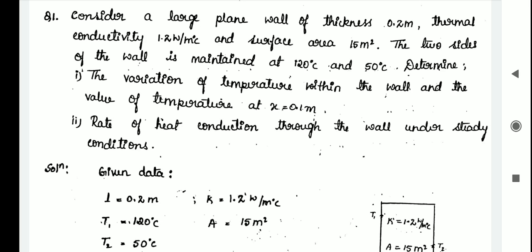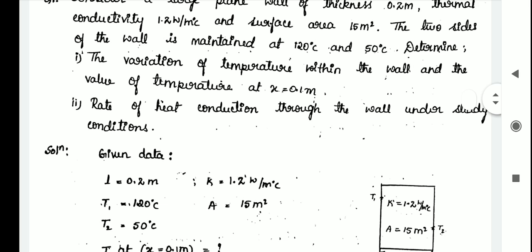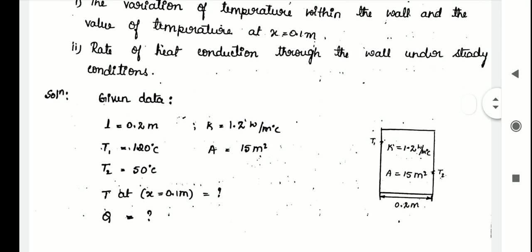Determine the variation of temperature within the wall and the value of temperature at distance x equals 0.1 meter. The next part of the question is to find the rate of heat conduction through the wall under steady condition. Here the given data are: length is 0.2 meter, initial temperature T1 is 120 degrees Celsius and final temperature T2 is 50 degrees Celsius.